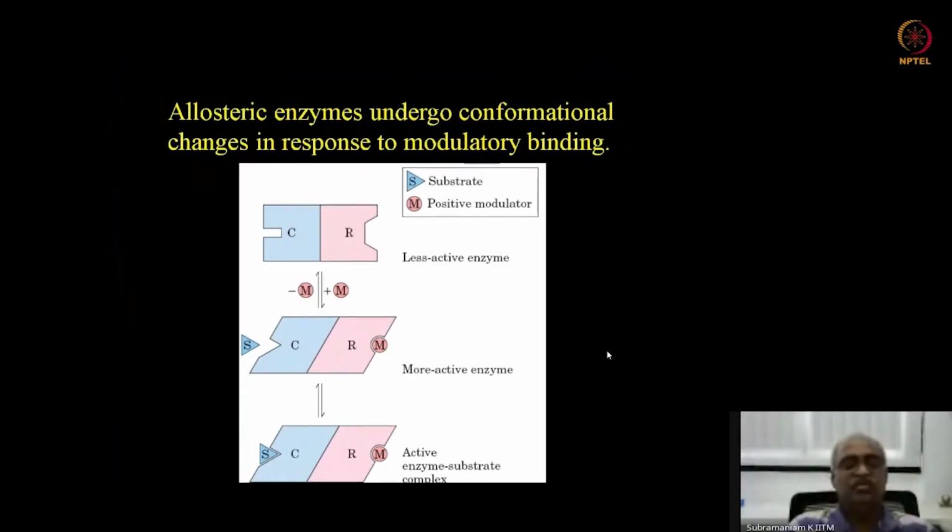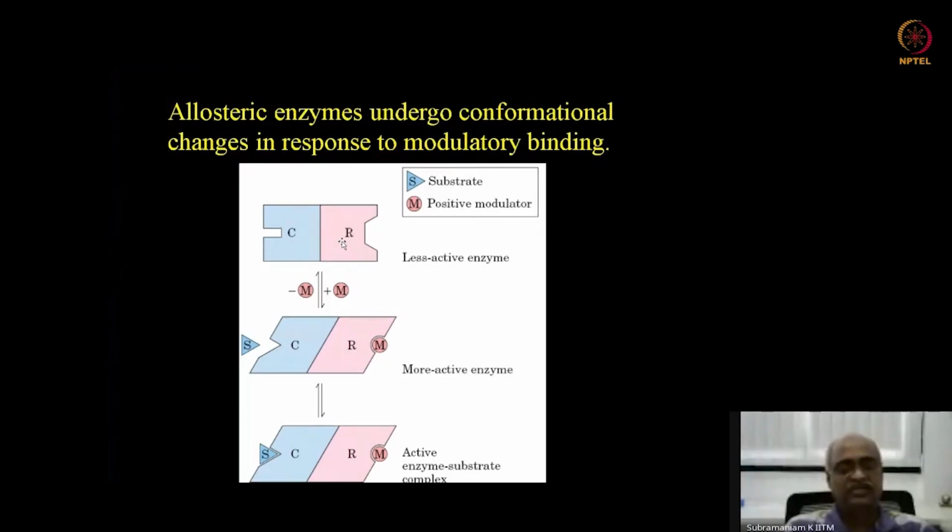If you leave out hemoglobin and take a normal allosteric enzyme, they usually have, like hemoglobin, multiple subunits, but each subunit may not be converting a substrate into product. Hemoglobin-like behavior we call a homotropic allosteric enzyme, because one subunit's active site acts as the regulatory site for another subunit's active site.